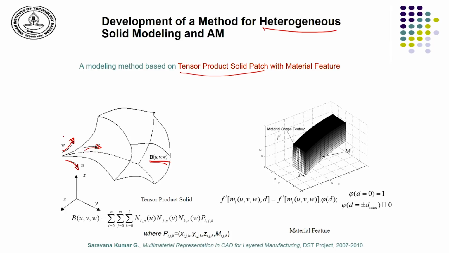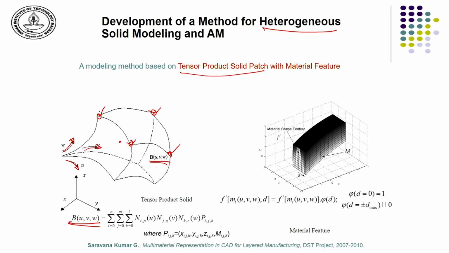One can use a B-spline or a Bezier basis function to obtain the interpolating function for a given domain. And once we have the control points, say the corner points or other control points, then any other position vector can be modeled as an interpolation of the location of these control points.